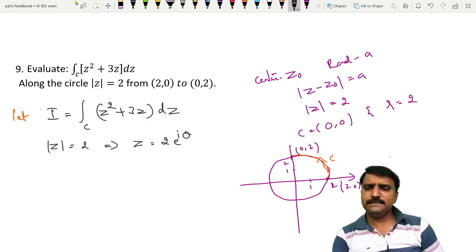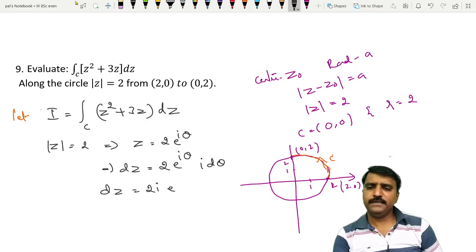So now dz is equal to 2 into the differentiation of e power i theta, which is e power i theta, and the differentiation of i theta is i d theta. So dz is equal to 2i into e power i theta into d theta.